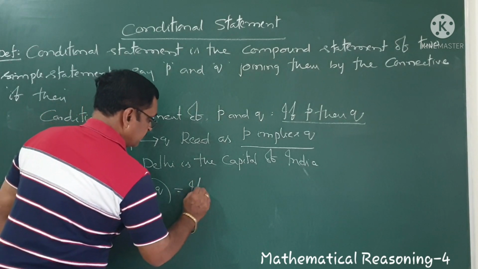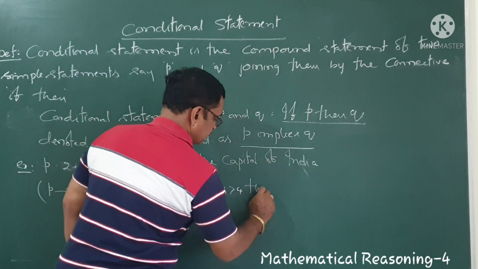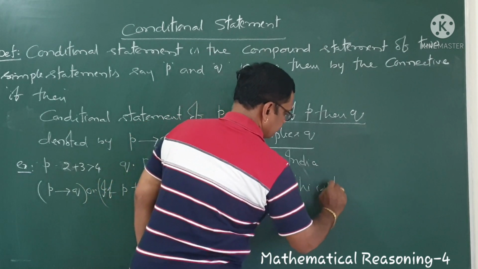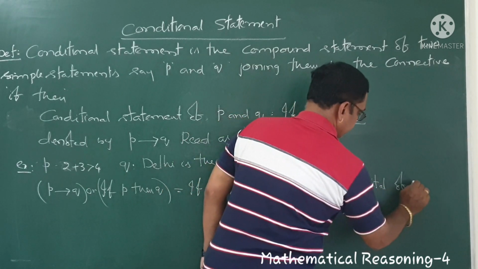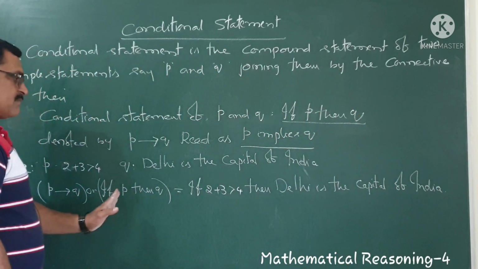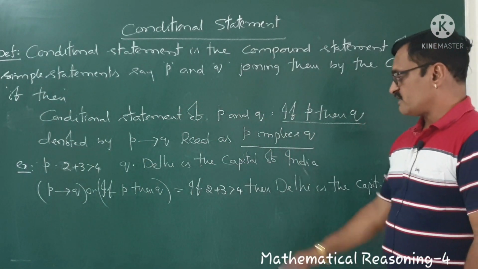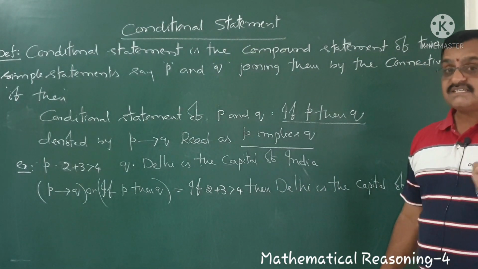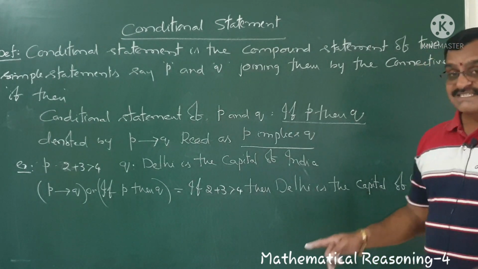If 2 plus 3 is more than 4, then Delhi is the capital of India. I have chosen this example because, if you observe carefully, the total statement is meaningless if you consider it as an English sentence.